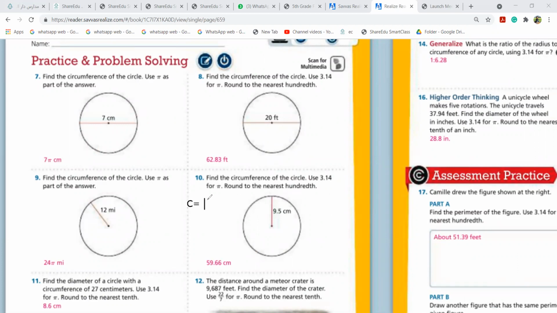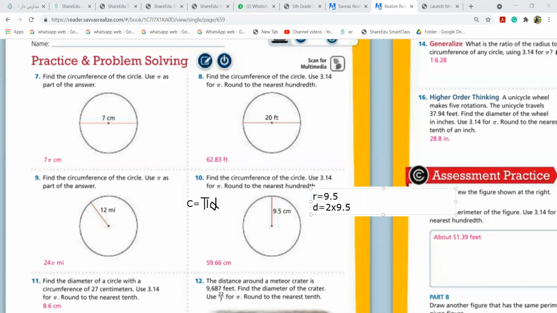What should I write instead of pi and instead of d? Is d given? R is given. The radius is how much? 9.5. So what is the diameter? 2 times, it is the double. 2 times 9.5.